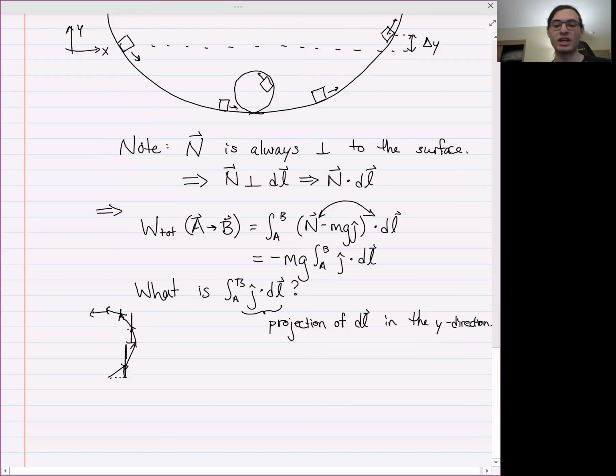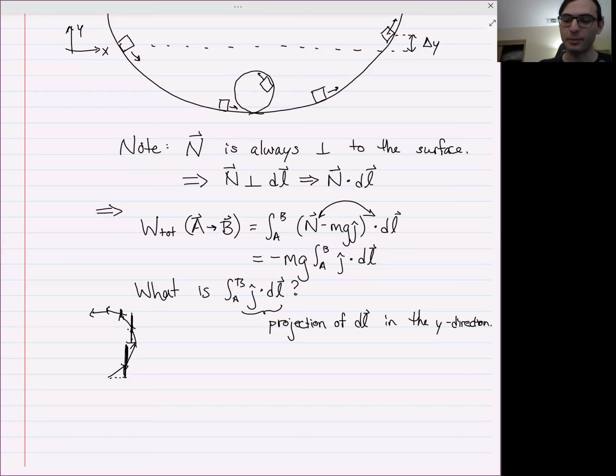But the point is all this does is add up the length that the object has gone upwards. So j dot dl tells us just how far up the path went during that infinitesimal interval, and then you add them all up, and so you get the total vertical displacement that the object underwent.